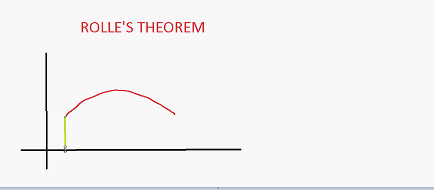That means if this is a point A and if this is a point B, then we know it is continuous, that is, there is no break here.